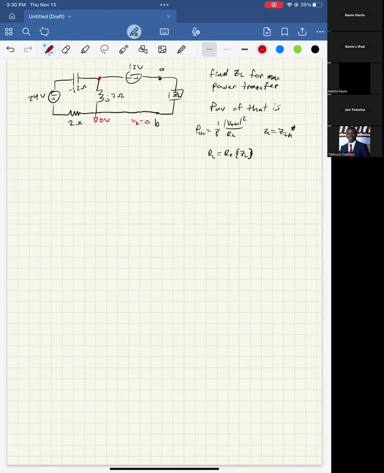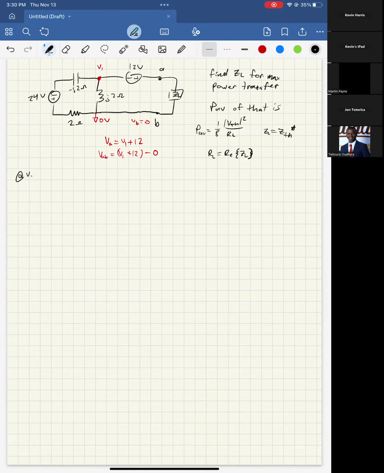Then if we called this, I don't know, V1, we know that VA equals V1 plus 12, right? Because we have a 12-volt source here. So then if we want to find VAB, it's going to be V1 plus 12 minus 0. So we just have to find V1, pretty much, right? So let's find V1.